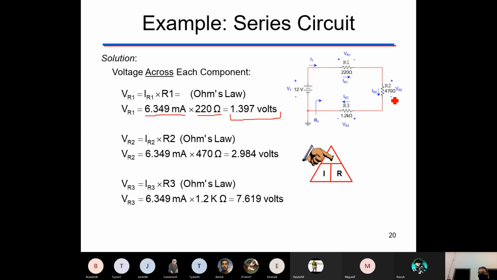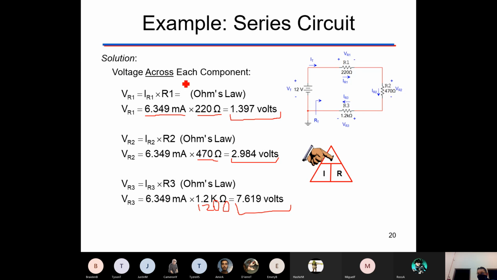And then you're going to do it for the resistor over here, which is 470, to get 2.984 volts. Then you're going to do it for this resistor, which is 1200, and you get 7.619 volts.